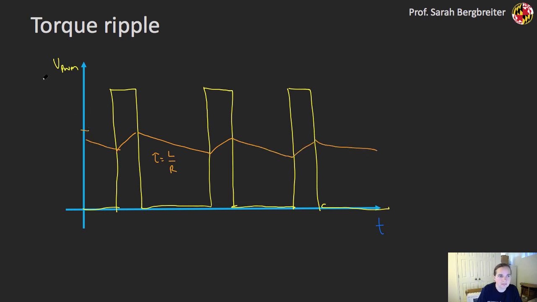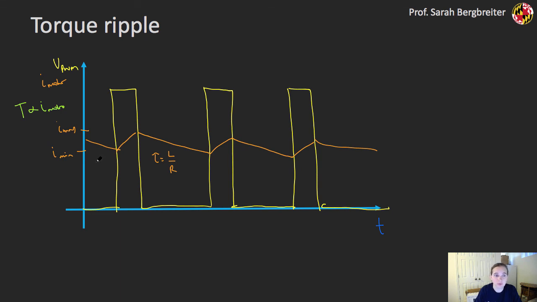And so if I'm looking at this orange line here as my I motor, I have some maximum and some minimum current that I have going through there. And remember also that my torque is going to be proportional to that motor current, so I'm going to get some torque ripple that's proportional to that current ripple in my system.